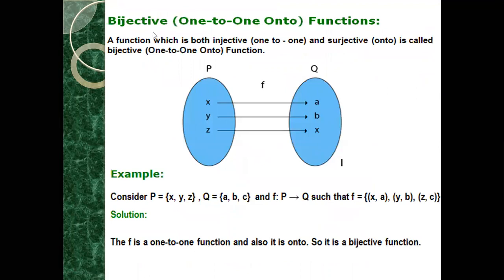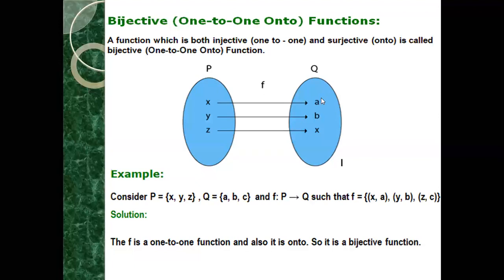Next definition, bijective or one-to-one onto functions. One-to-one means every element of A has an image in the codomain.